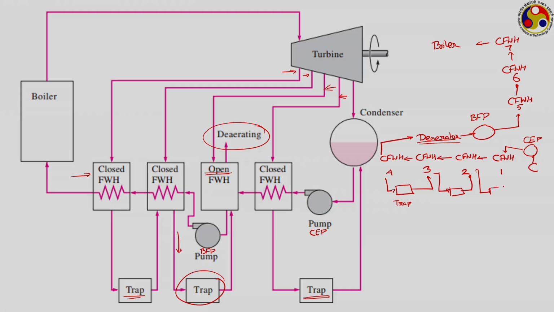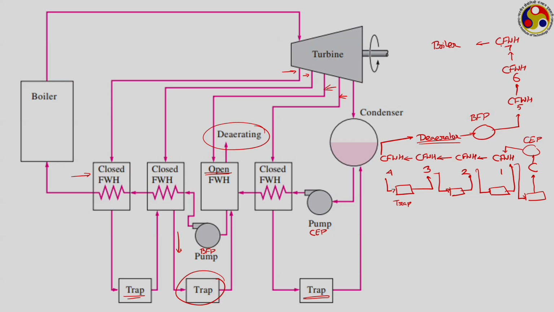Then we may have another trap which is taking the condensate back to the feed water heater number 1, which combines all these condensates, and also mixes that with the condensate of the bled steam coming directly to this, and finally this one via a trap goes to the condenser.